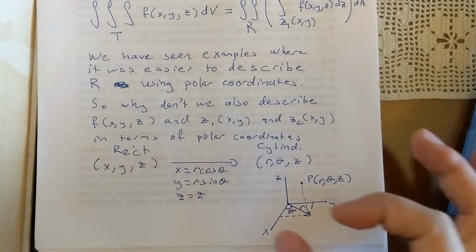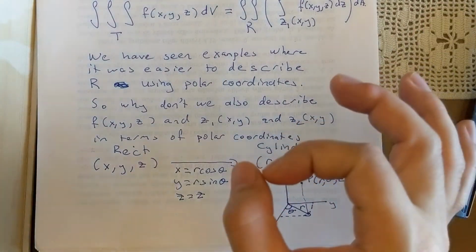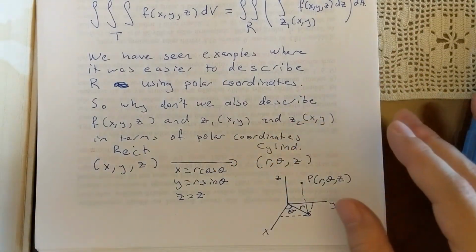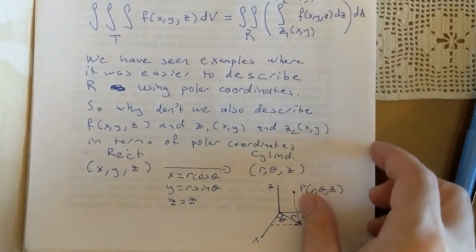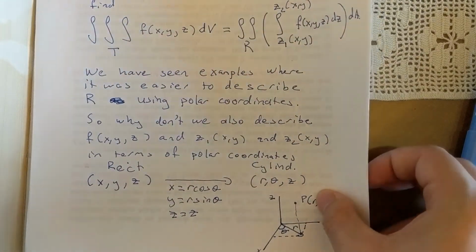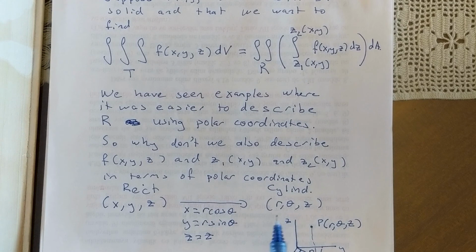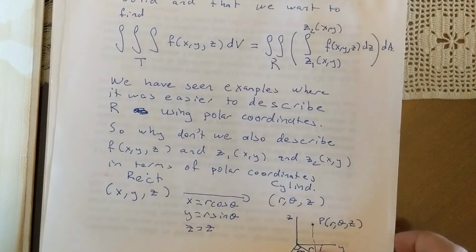So basically you're making a circle and you're just pulling it up. That's why it's called cylindrical coordinates. Again, the transformation from rectangular coordinates to cylindrical coordinates is very easy. The first two are just the polar transform, and z stays the same.